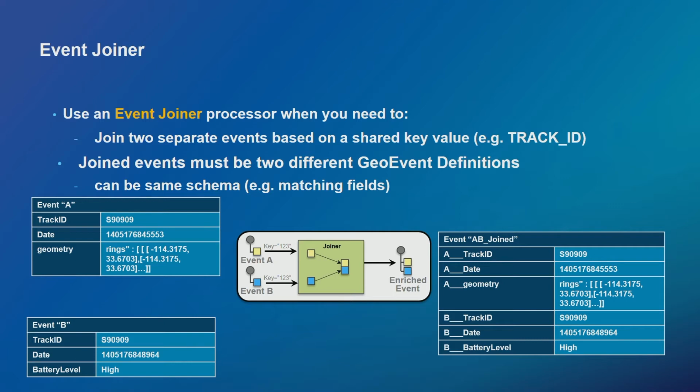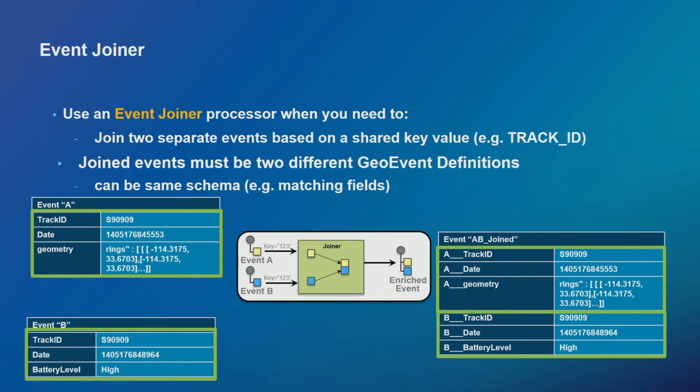You can see that here in the picture with the A underscore and the B underscore naming the event fields. So all three from event A came through, and all three from event B came through, and they match on the track ID. That was the key used in this case to join these two.